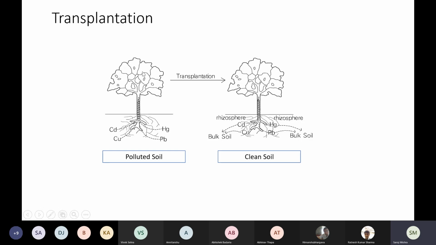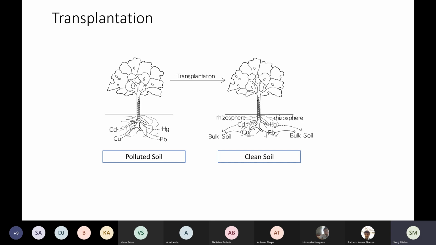Then you plant them elsewhere at a second site, called clean soil. Some of the metal ions accumulated by the plant are going to move into the rhizosphere, and then you measure the metal concentration in the bulk soil, in this larger area. Rhizosphere is the soil which is very closely associated with the roots, and in the rest of the plants. That is the objective of this experimental scheme.